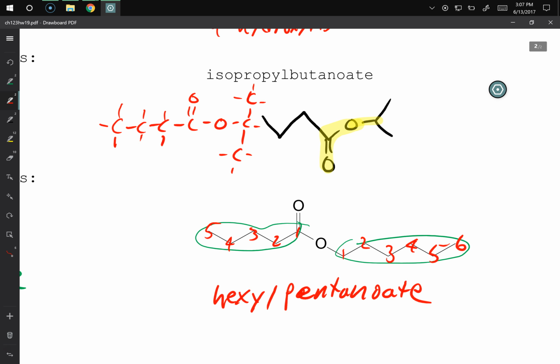So there's an example right there. The longer carbon chain is 6, but it doesn't have the C double bond O in it. So then I don't use that as the root name.